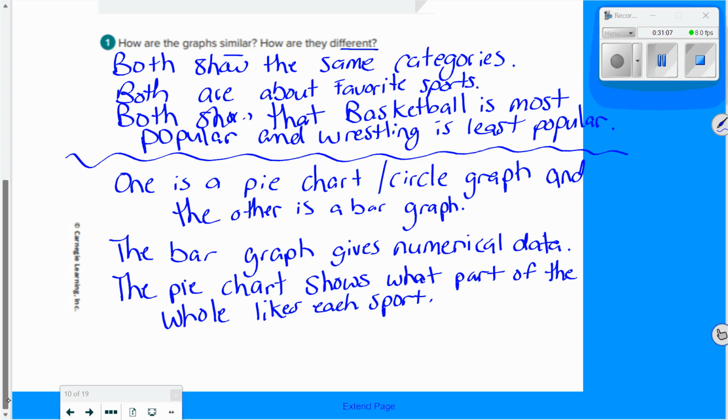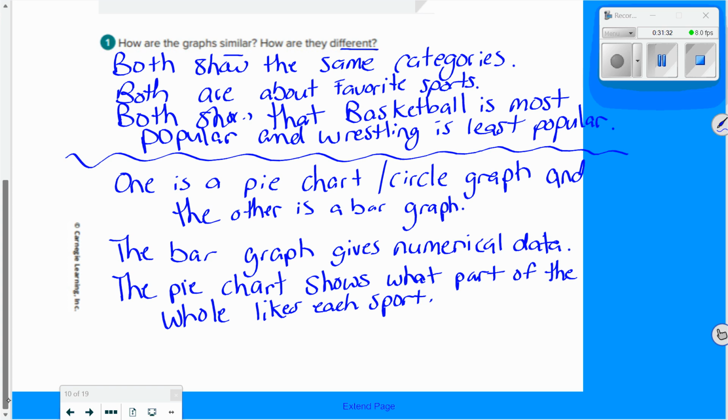Well, we already said that both show us basketball is most popular and wrestling is least popular. And then like the pie chart shows the majority and like the other chart shows. Okay, I'm not sure how to write that though.